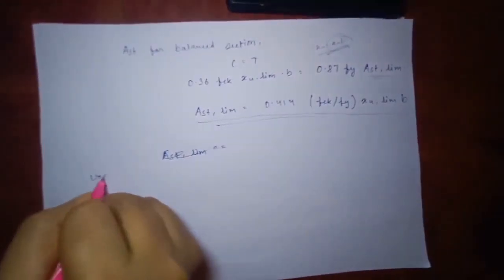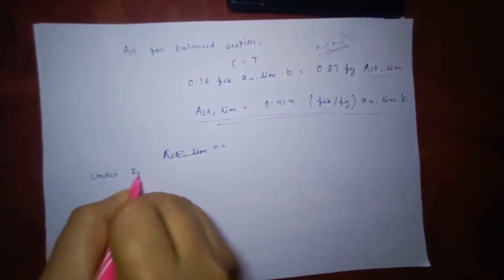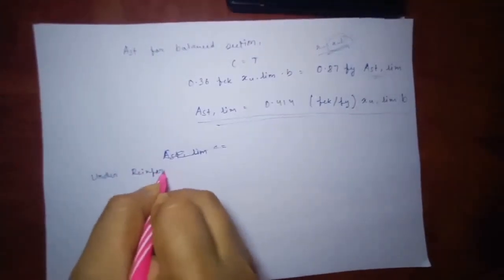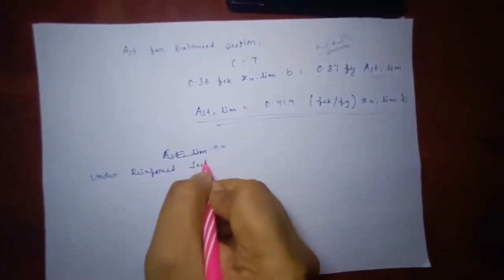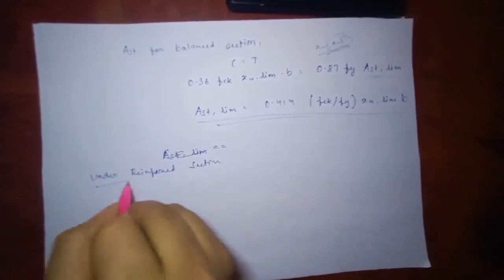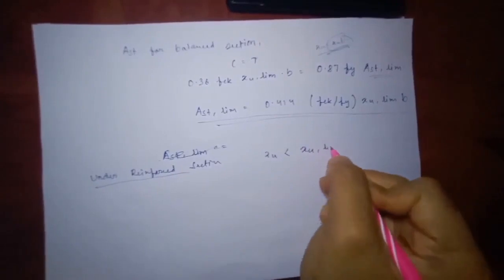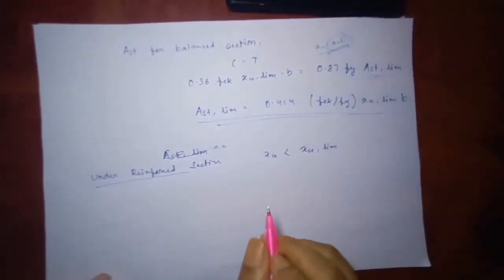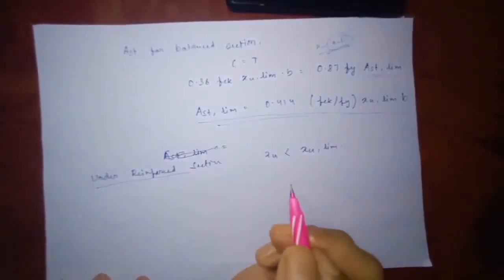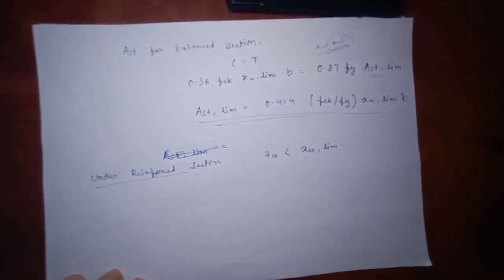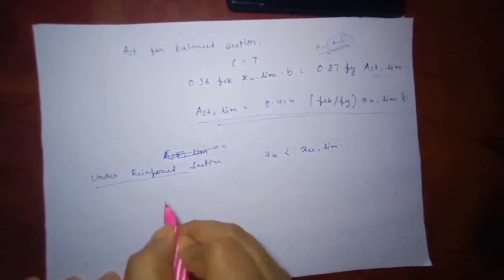Now next, let's talk about the under reinforced section, where our Xu is less than Xu limiting. For an under reinforced section, the formula for MR won't be different, but we cannot equate the MR now.